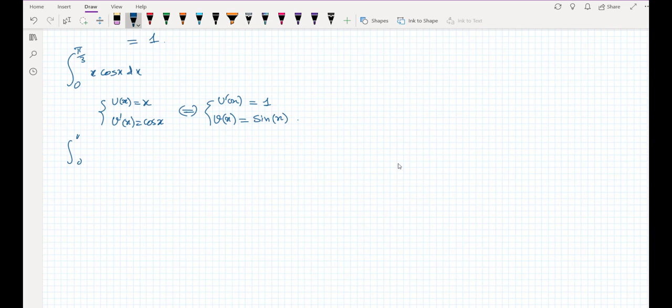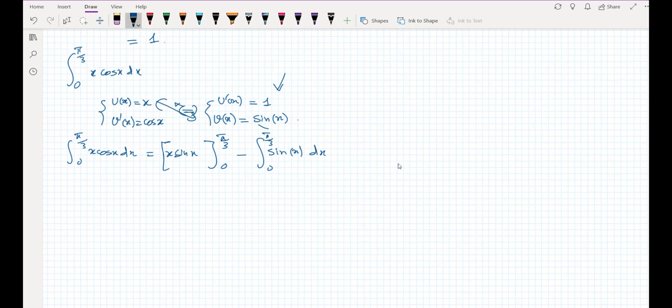So the integral between 0 and pi over 3 of x cosine x dx equals the multiplication of the primitives, x sine x, between 0 and pi over 3, minus the integral of the result. So the integral of 1 times sine x dx is sine x between 0 and pi over 3.